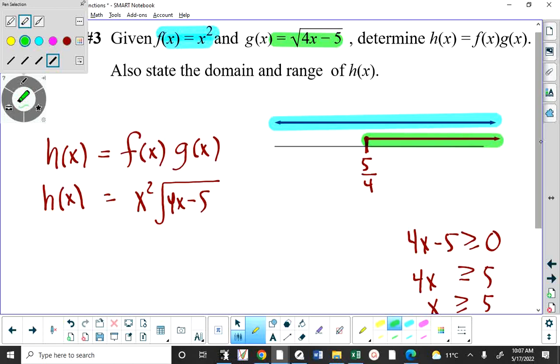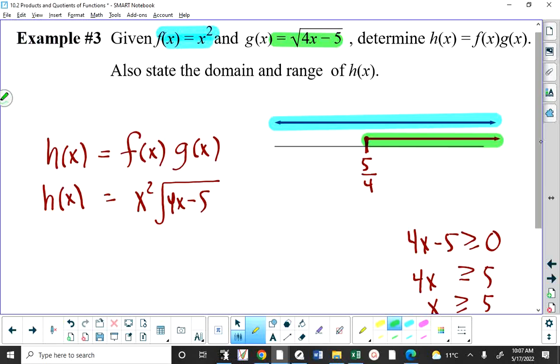So what is the common domain? Well, x is greater than or equal to 5/4. That's it. Which, I mean, you could have done just by looking at this. Does anybody want to stick your neck out and guess, figure out what the range is without using a graphing calculator?